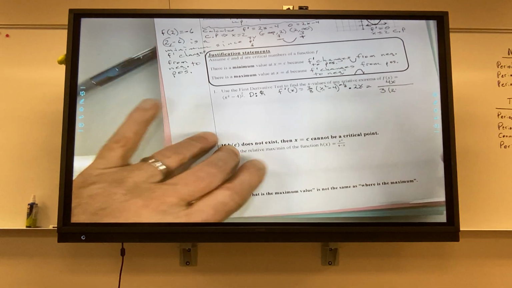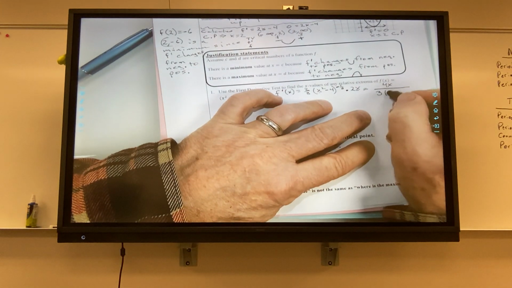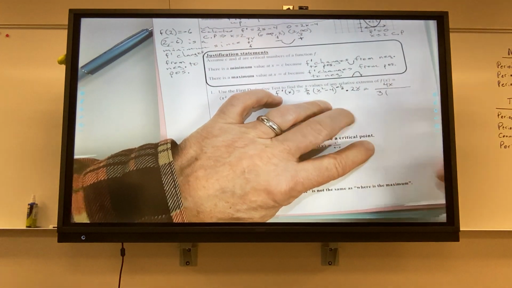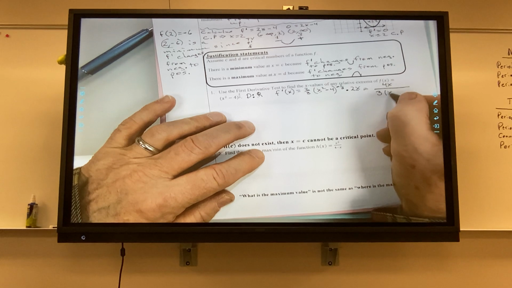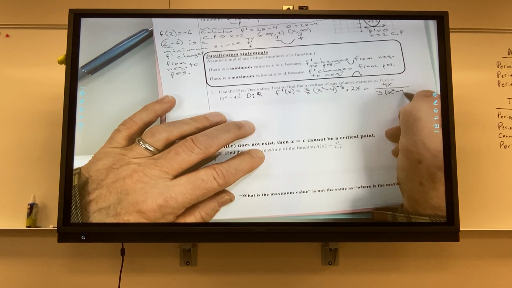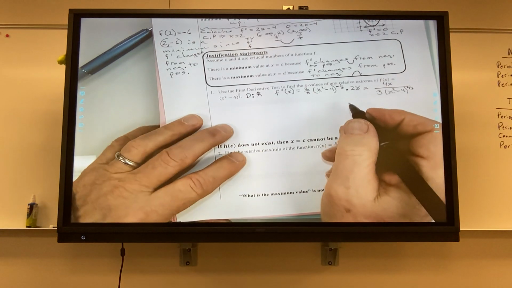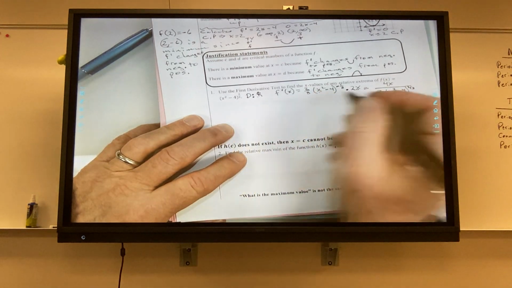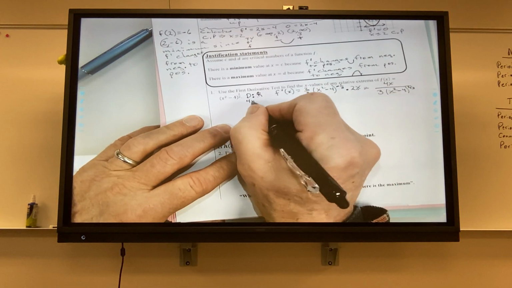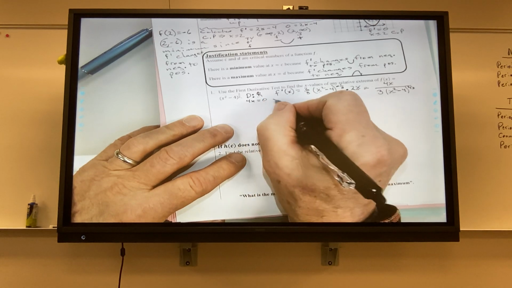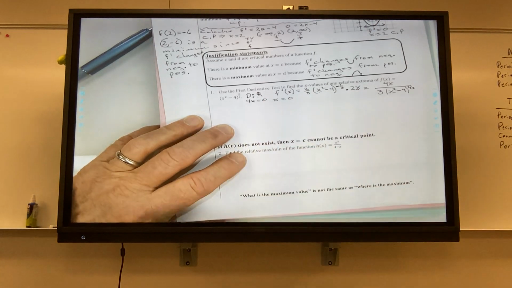Oops, I made a mistake right away. So, first thing I'm going to say is I'm going to let 4x equal 0, x equals 0 is one critical point.